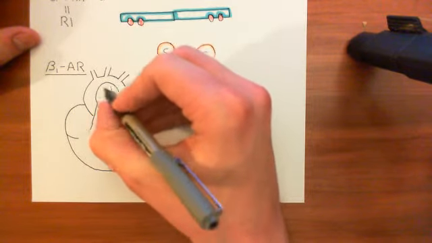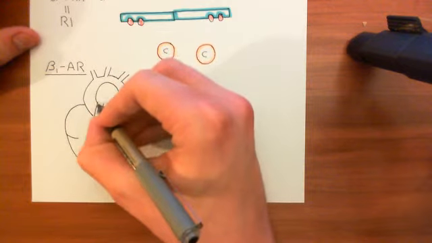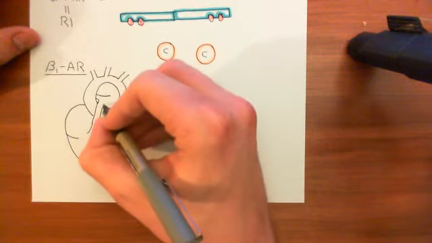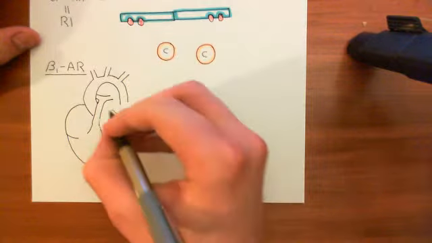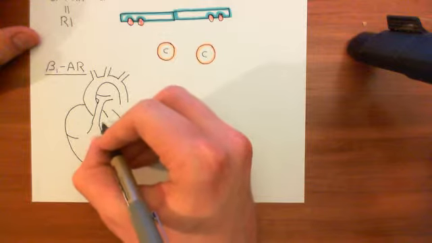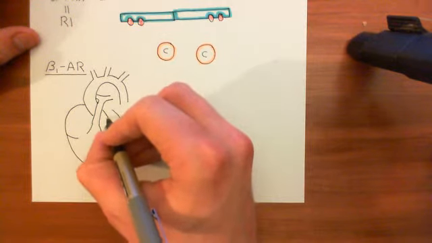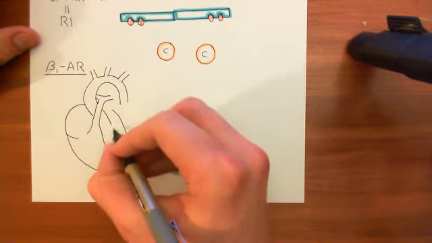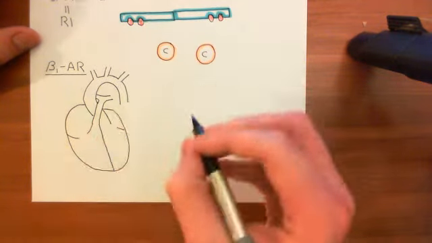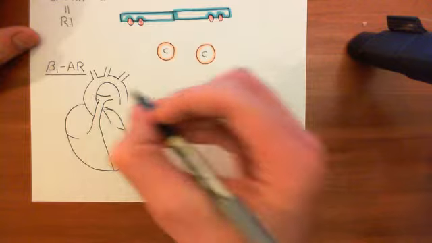Then it will go down like this. So this is the aortic arch. Then we've got the pulmonary trunk splitting into the two pulmonary arteries here. If I complete this picture now, here we then have the aorta coming from the left ventricle here, and then we'll have the left atrium there.